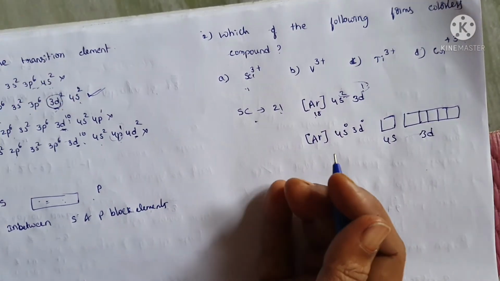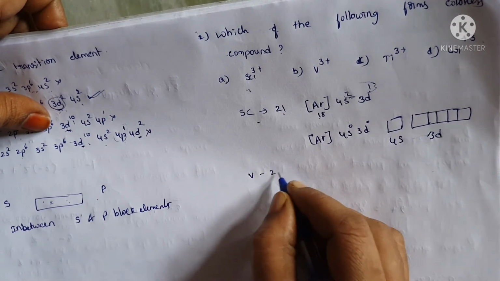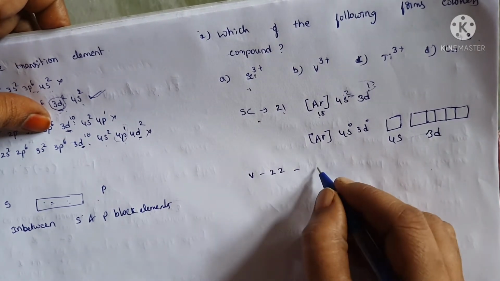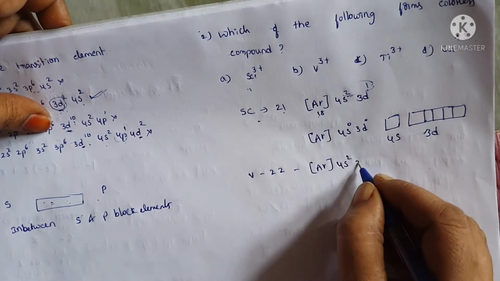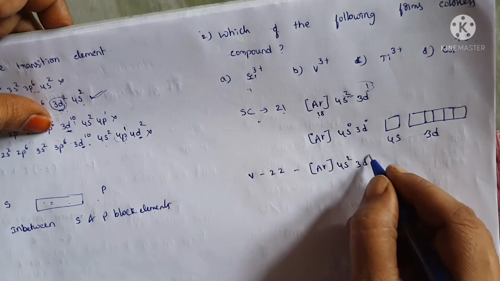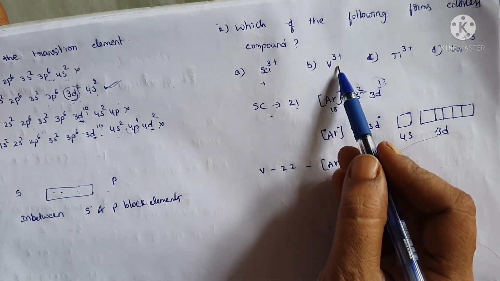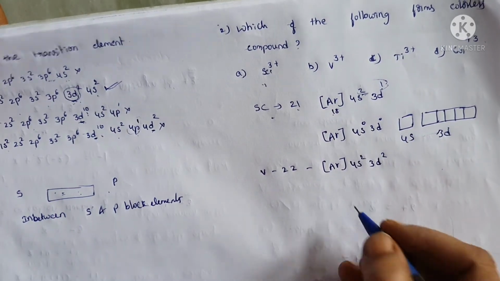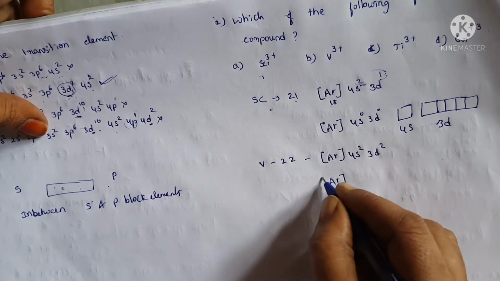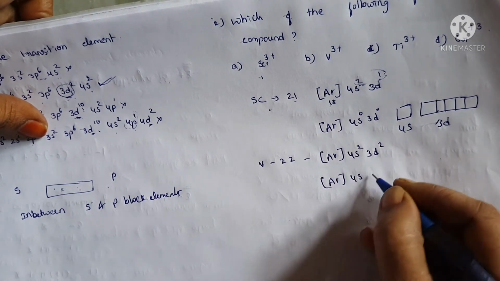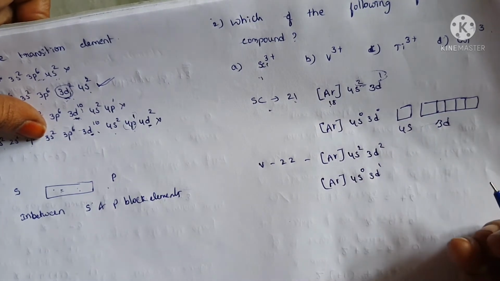And next, vanadium. Atomic number for vanadium is 22. Argon, 4s2, 3d2. What is the charge here? Plus 3. So it will give 3 electrons. So argon, 4s0, 3d1.